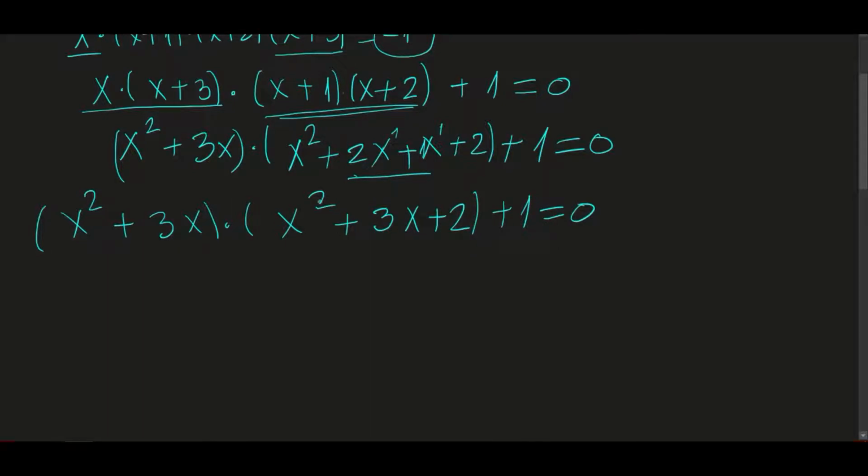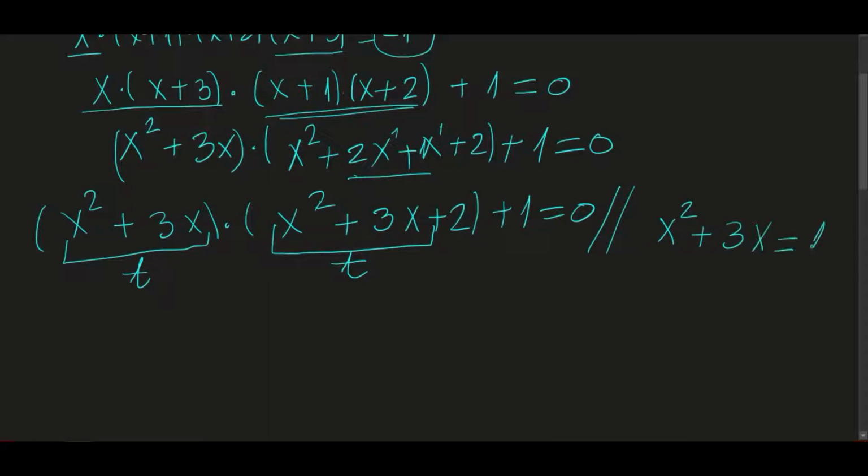Now here we must use one trick that is very important. Here x squared plus 3x and here x squared plus 3x are the same. We can substitute here with t and here with t, and here is the trick. x squared plus 3x is equal to t.